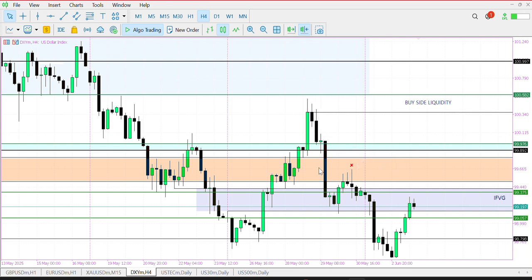But unfortunately, when price dropped here, it didn't continue going up. It just went there and made this high. And what's on top of these highs? That's the buy side liquidity. Whoever is going short here, whoever is selling, they are going to put their stop loss on top of that high marked by this red X here.